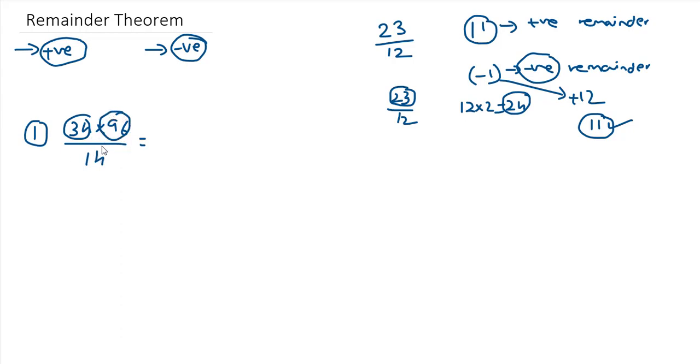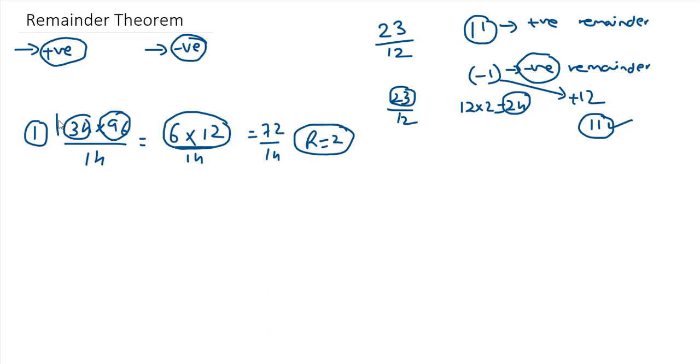So 34 when divided by 14 will give us a remainder of 6, whereas 96 when divided by 14 will give us a remainder of 12. So now we'll take the product of these two numbers and find the remainder when this number is divided by 14. So this will be 72 by 14. 72 when divided by 14, the remainder is 2. Hence the remainder when this original number 34 into 96 is divided by 14 will be 2.